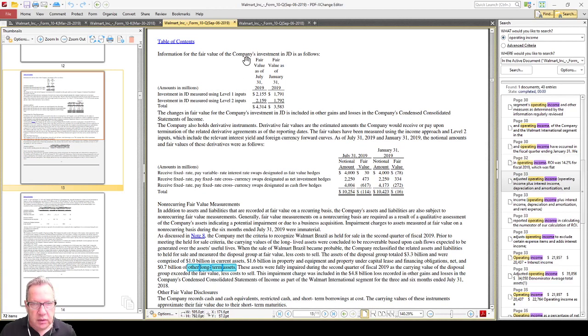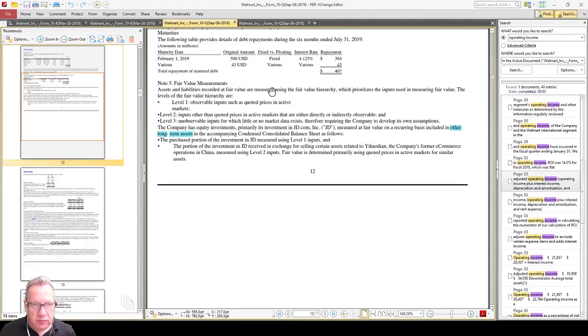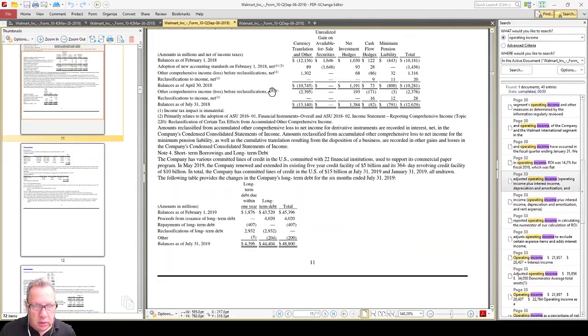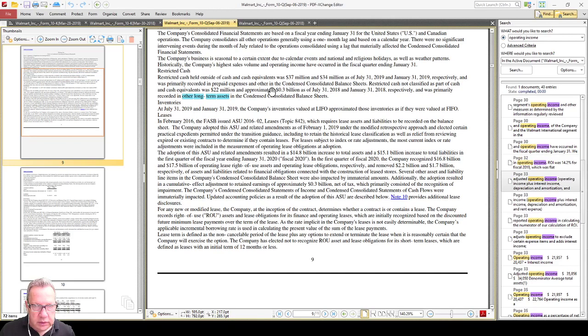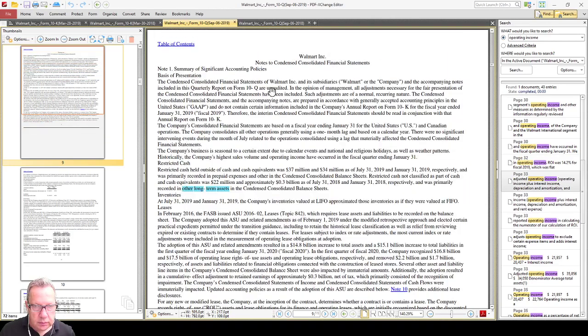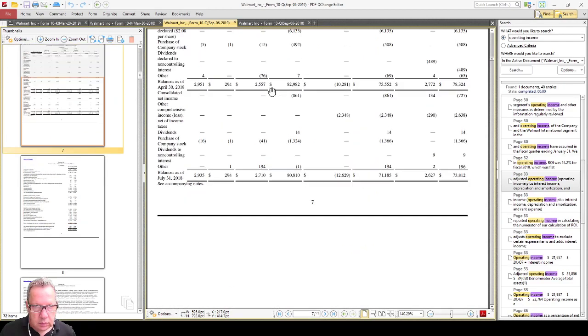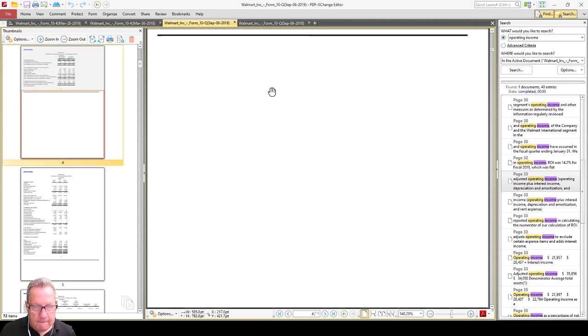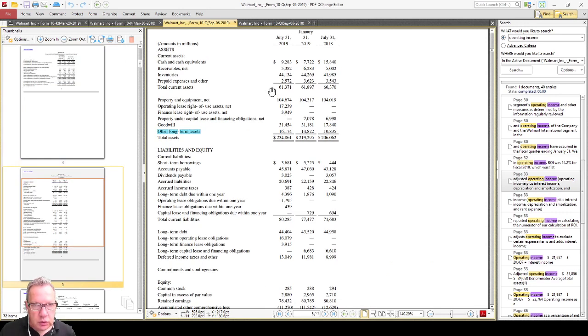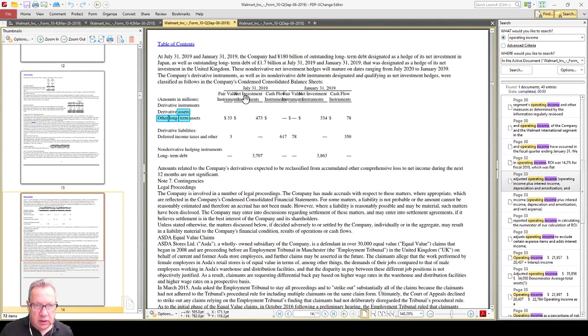Information on the fair value, the investments in. This is investments in other long-term assets. I found that when I was looking at this for their advertising stuff, I found that they defined it in their 10K. That's true. Let's keep going and see if I can see other long-term assets.